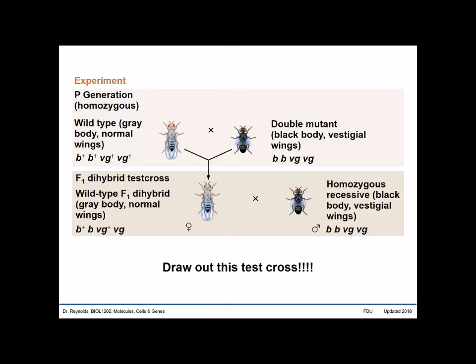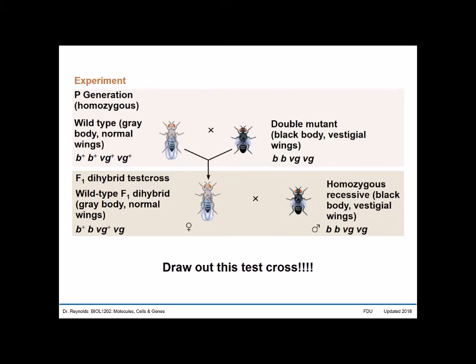So now I want you to draw out a test cross crossing this F1 hybrid with the homozygous recessive. It's very important that you draw out this test cross and test your ability to be able to do this. So I want you to pause the video here before you go any further and draw out this cross for this second crossing, our test cross.